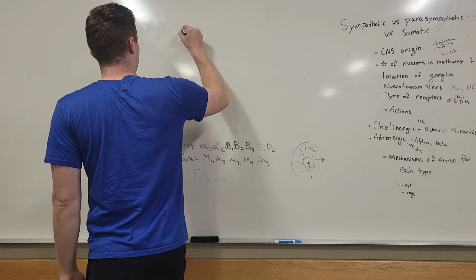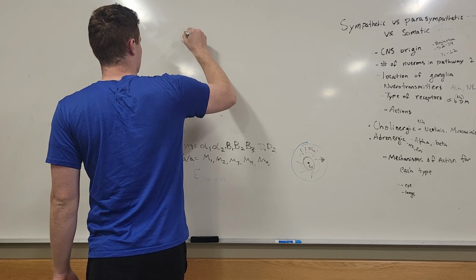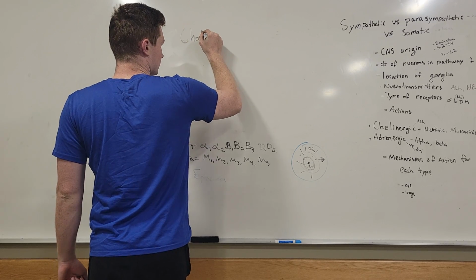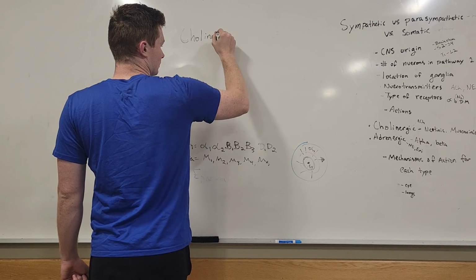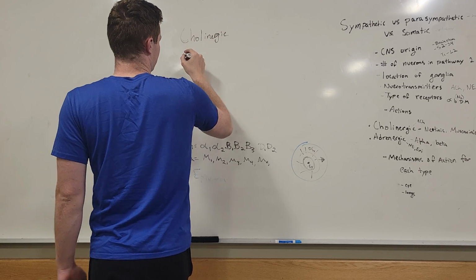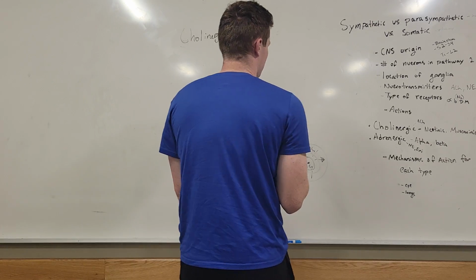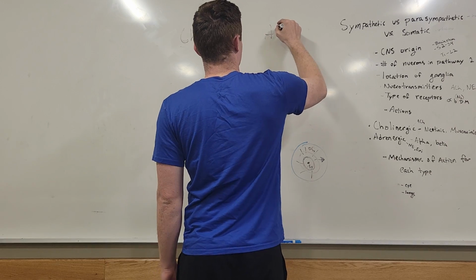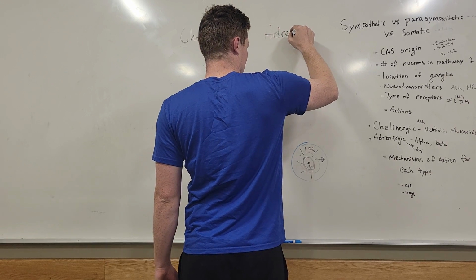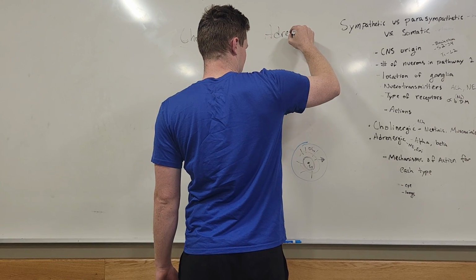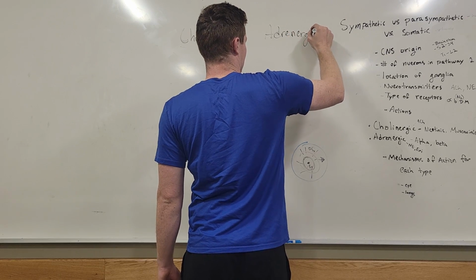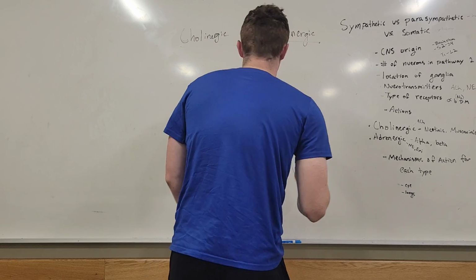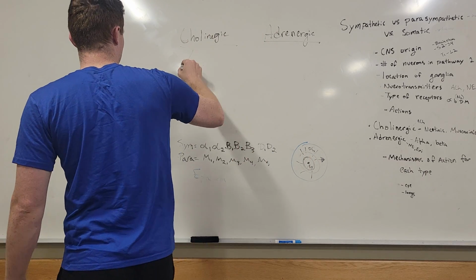Okay, cholinergic. I don't know if I'm totally butchering it. Okay, cholinergic, and then we have adrenergic. Oh my goodness, there it goes. So, out of those, we have two.